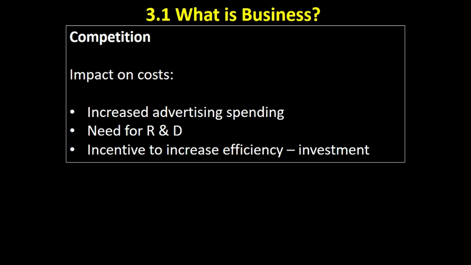But of course there's going to be a big incentive for firms in competitive markets to become highly efficient. How can they drive down their prices and pass on those savings to consumers? They're going to be wanting to invest in the newest technology, which is a cost, but with the aim of driving down their unit costs and being able to compete successfully with their competitors.